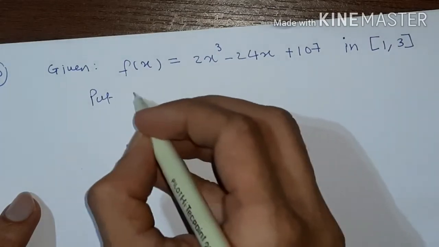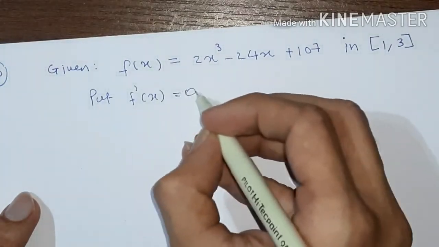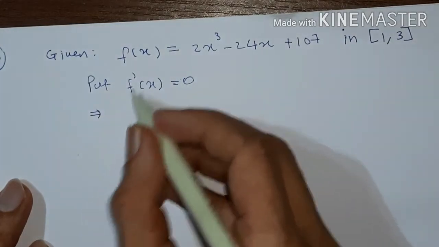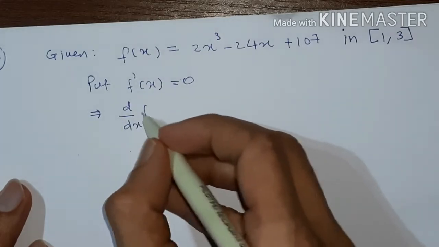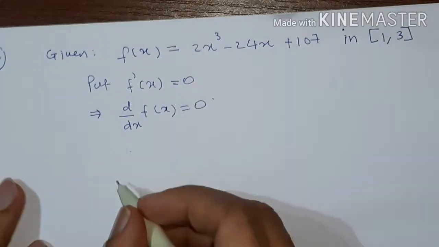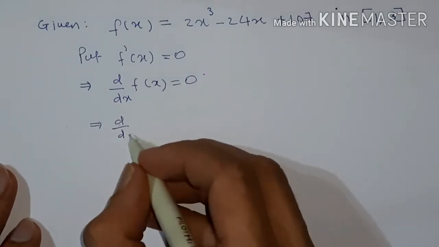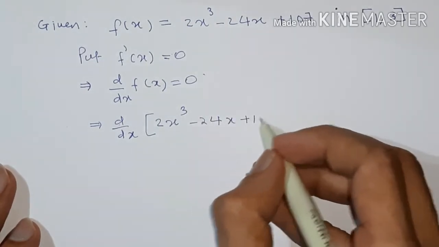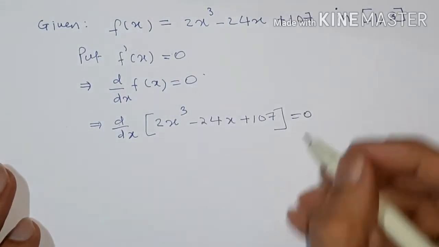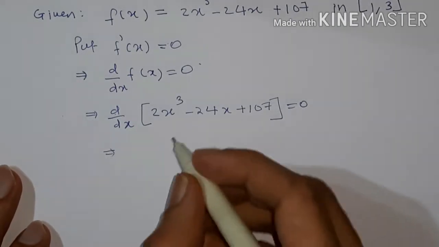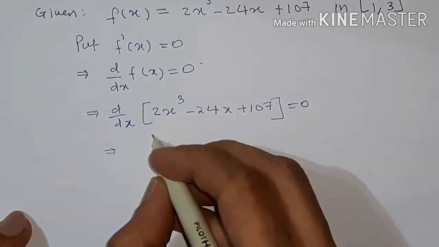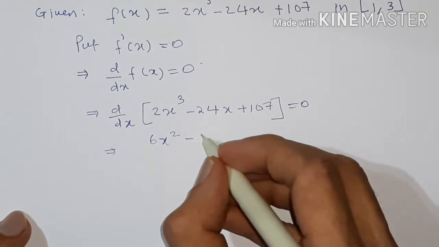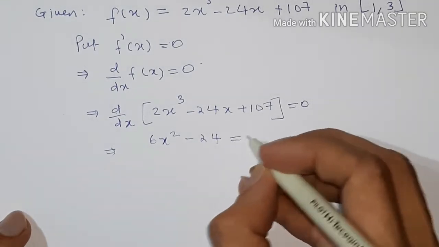For that you have to put f prime of x equal to 0. F prime of x means the derivative of f(x) is equal to 0. So the derivative of 2x cube minus 24x plus 107 equal to 0. The derivative of 2x cube is 6x square, the derivative of minus 24x is minus 24, and equal to 0.